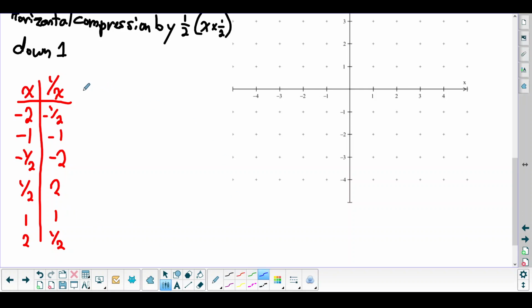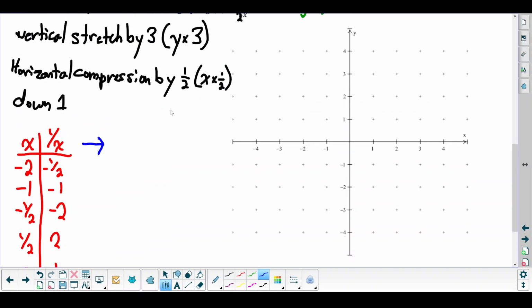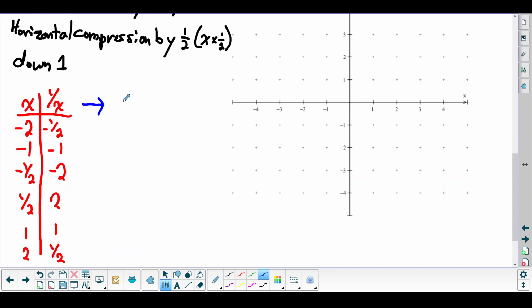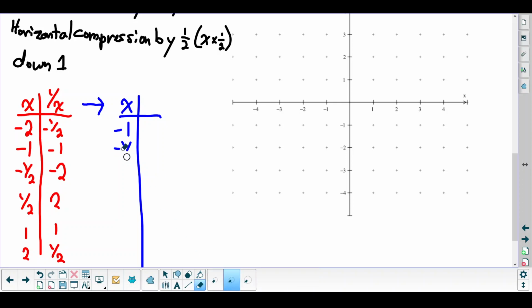And for our transformations, so we're doing 2 things. Let's start with the x's. Multiply them by a half, so we'll get negative 1, negative a half. Maybe I'll write some decimals in. I think that's just going to be a little easier to stay organized that way.